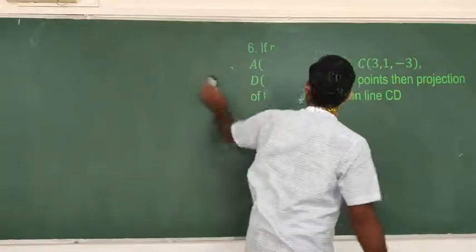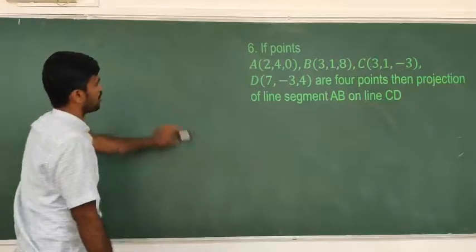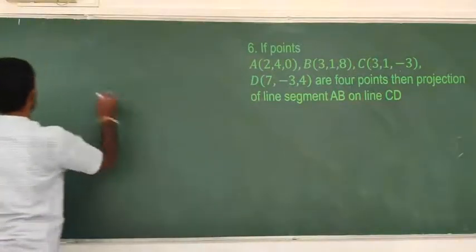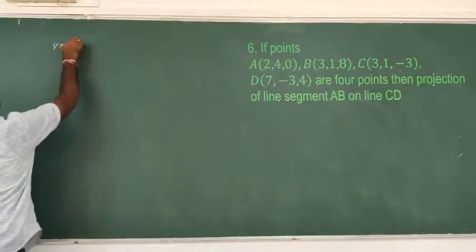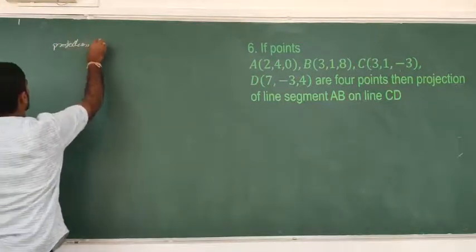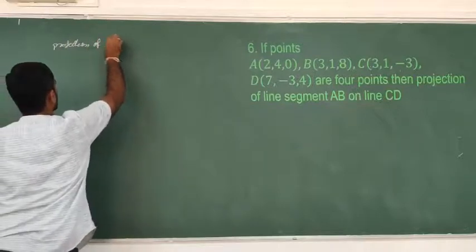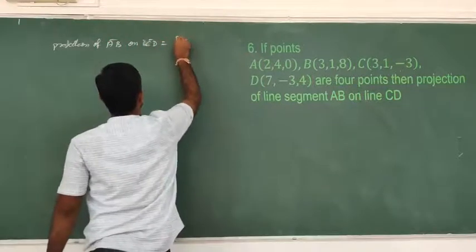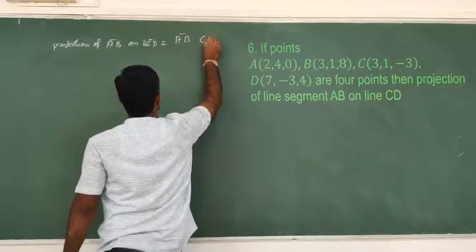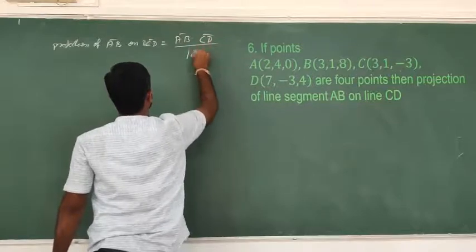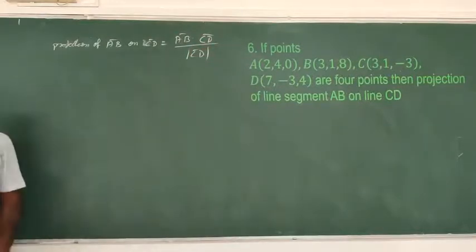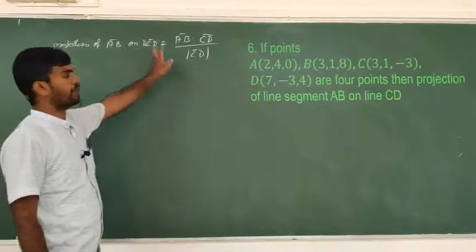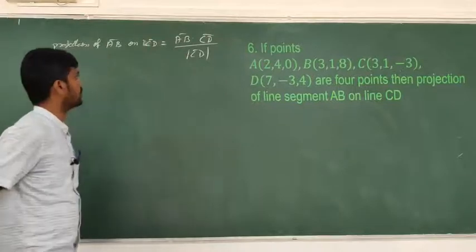The projection of AB on CD is equal to vector AB dot vector CD divided by magnitude of CD. This is the formula for the projection of one vector on another vector.